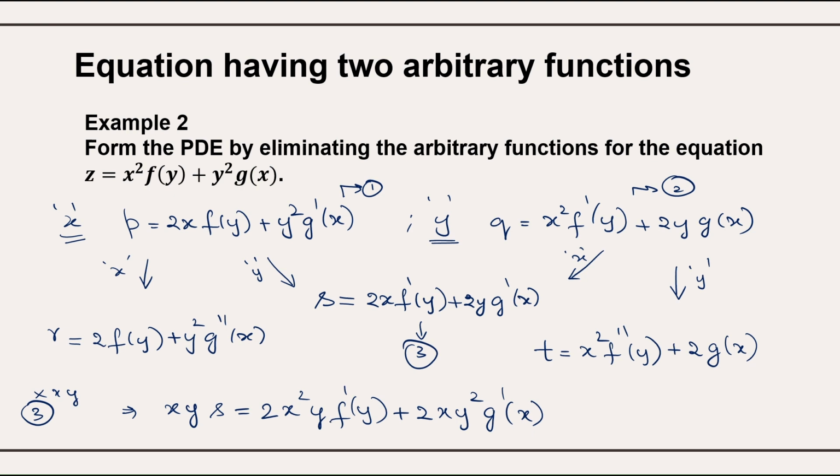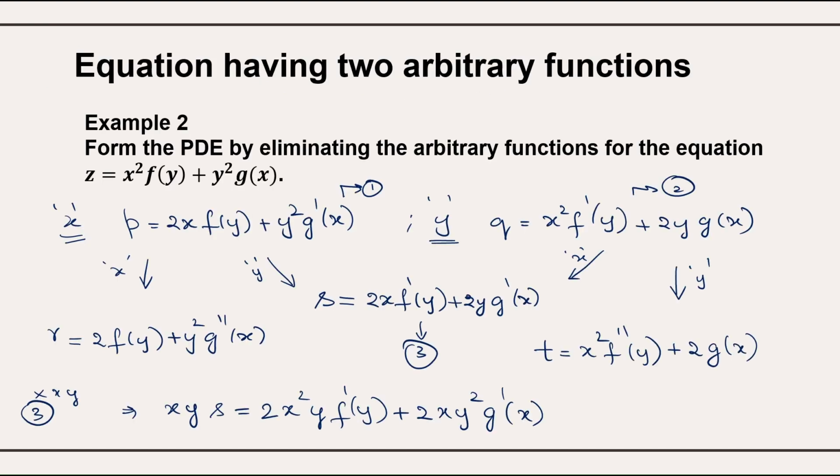Now here we have x² y f'(y). In the first equation, we have x into f(y), and y² into g'(x). So if we multiply equation 1 by x, we can substitute for this xy² g'(x). So what we are going to do here is multiply the first equation by x. Similarly, we can multiply the second equation by y.